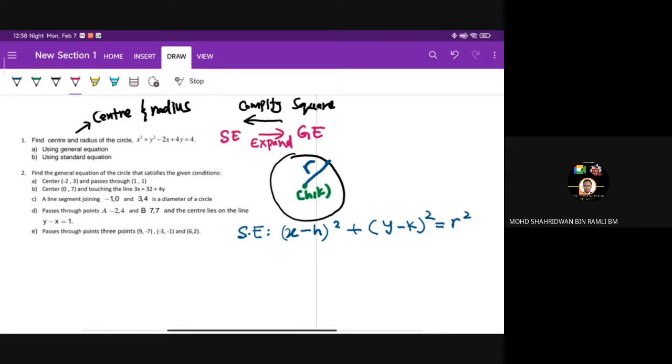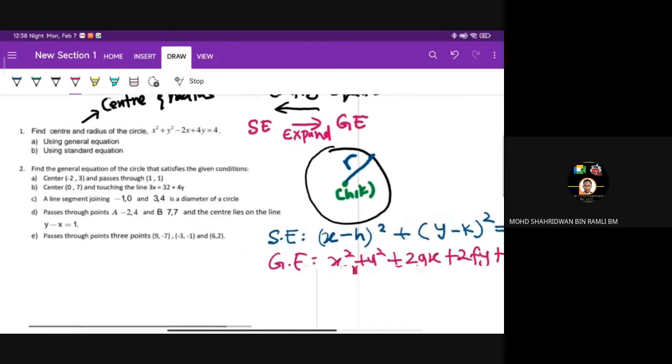So this is the standard equation, and the general equation is x squared plus y squared plus 2gx plus 2fy plus c is equal to 0. These two equations will be given, and you need to differentiate between the standard equation and the general equation.